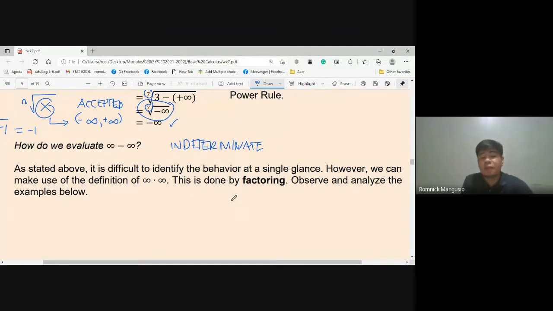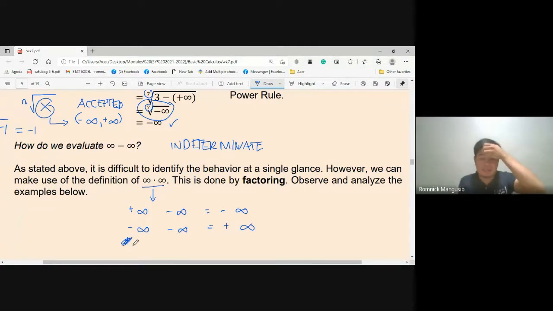However, we can make use of the definition infinity times infinity. This is done by factoring. Ang ibig natin sabihin dito is positive infinity, negative infinity is negative infinity. So, like signs is positive infinity. Ito yung sinasabi niya, class. Ito ang gusto nating ilabas.